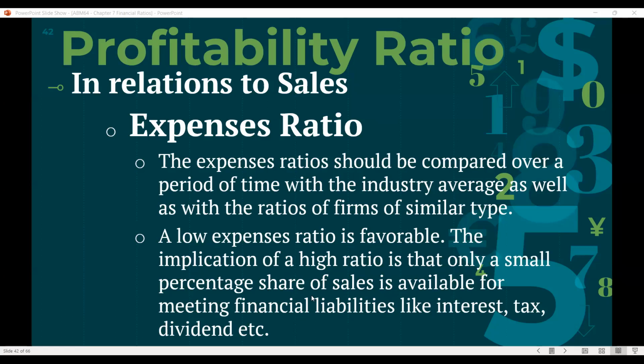So the implication of a high ratio, again, it means nga with a high ratio, only a small percentage share is available to meet the financial liabilities. That means nga gamay na lang dayon. Let's say for example, dako ang imong expenses ratio, high ang imong rate. Kay dako man imong expenses, that means nga gamay na lang ang imuhang means to pay your liabilities such as interest and tax or dividend.